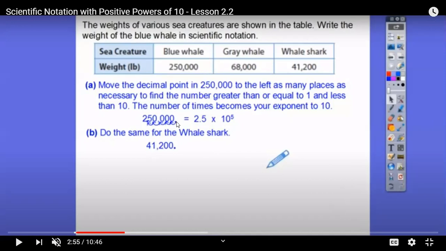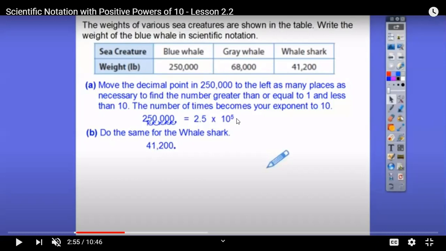Here, this is the decimal point. Count with me: 1, 2, 3, 4, 5, then stop. Put the decimal point, cancel all zeros, so it will be 2.5 times 10 to the power of 5, because we counted 5 digits to the left side.